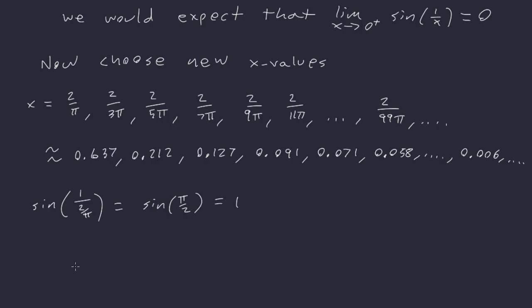Then if we put in sine of 1 over 2 over 3 pi, we get sine of 3 pi over 2, which is negative 1.